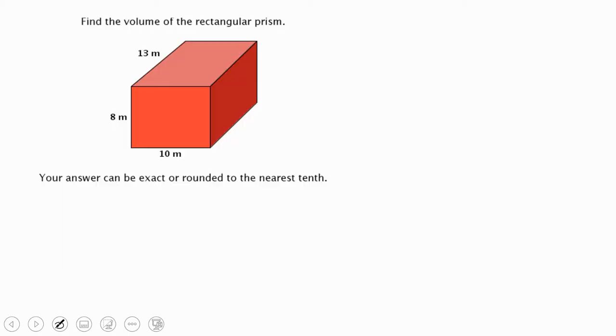Find the volume of the rectangular prism. It tells us the answers can be exact or rounded to the nearest tenth. It doesn't matter which one you want to do. For this problem in particular, they're all whole numbers, so we don't even have to worry about rounding. You're going to take the length, which is 10 meters, times the width, which is 13 meters.